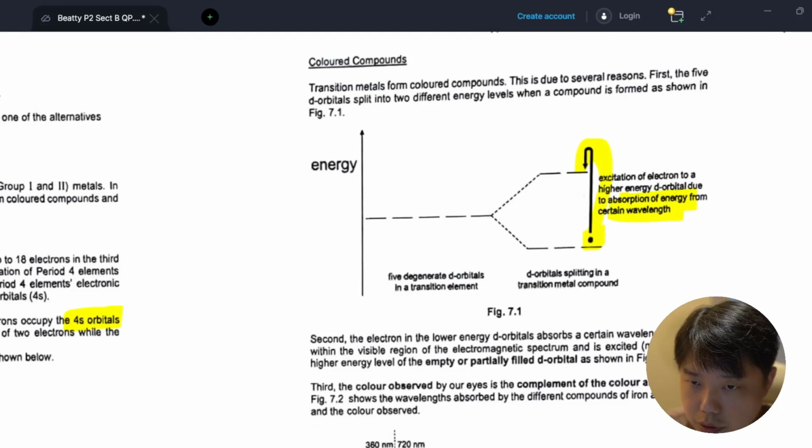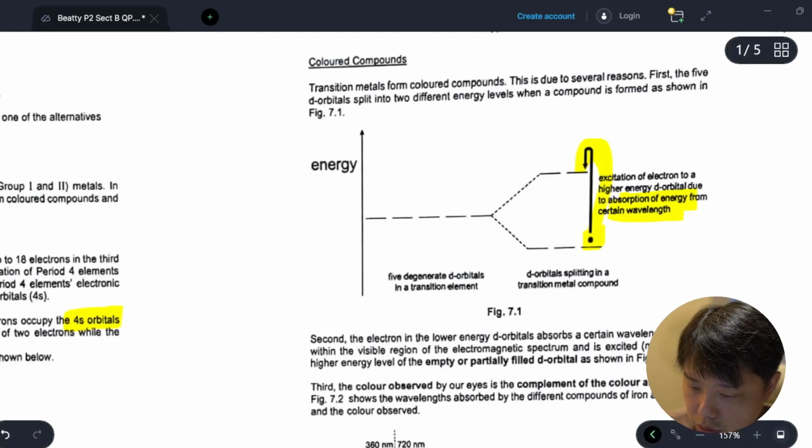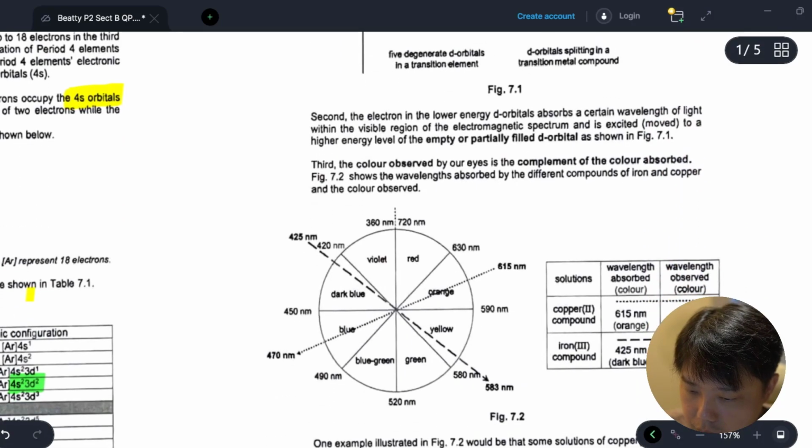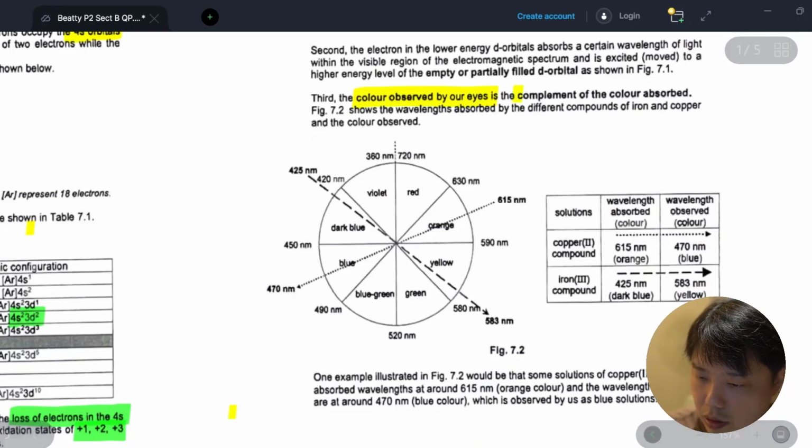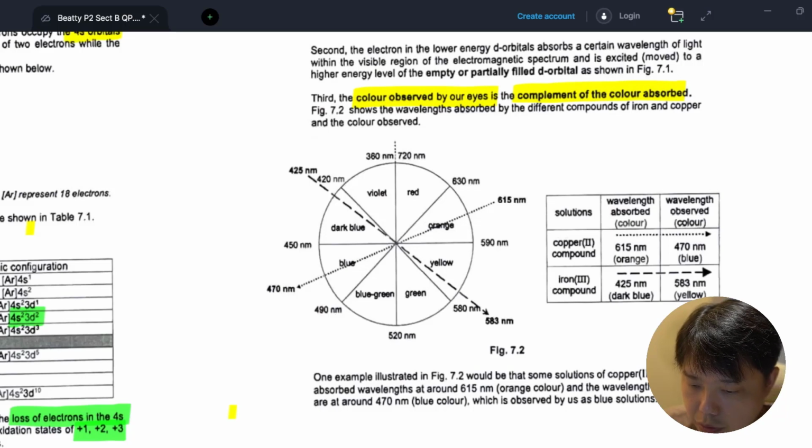When you absorb this energy, the question goes on to say that the color that you observe with our eyes is the complement of the color absorbed. They show you this color wheel, showing all the different colors and the wavelengths. One example is copper: why do its compounds appear blue?